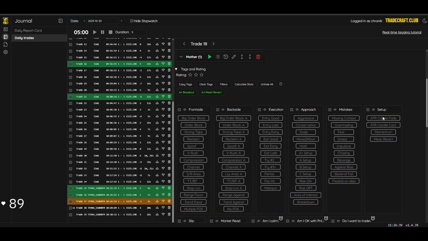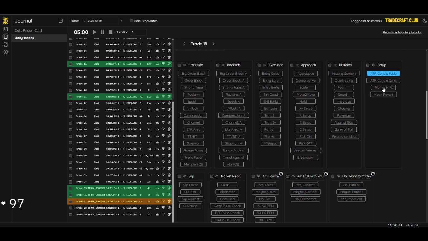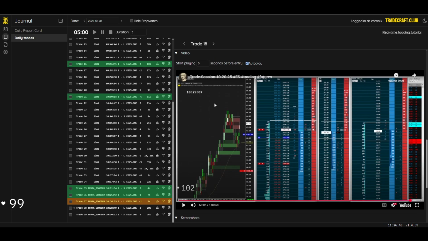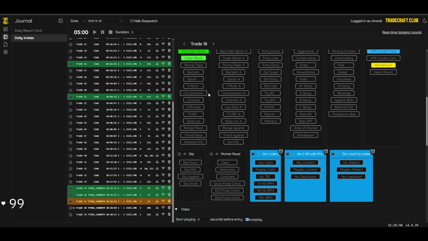This is going to be an ATR candle fade with momentum. We had big order blocks and small order blocks above us, it looks like. We had strong tape in our favor and strong tape against us, so they kind of cancel out.